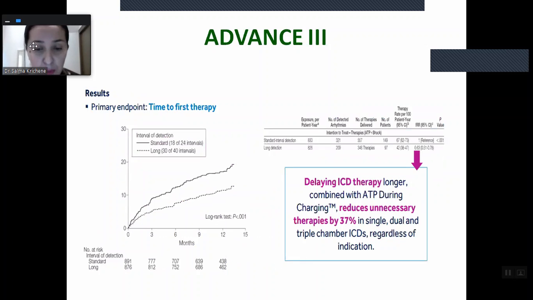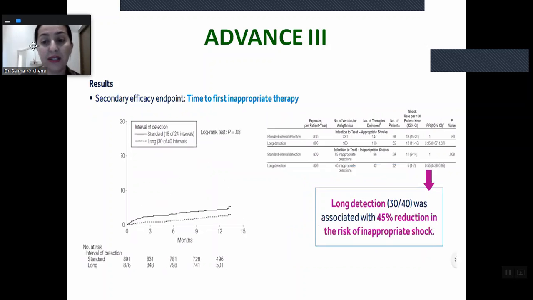ADVANCE-3 is a randomized study in primary and secondary prevention. Delaying ICD therapy longer reduced unnecessary therapy by 37% and inappropriate shocks by 45%.